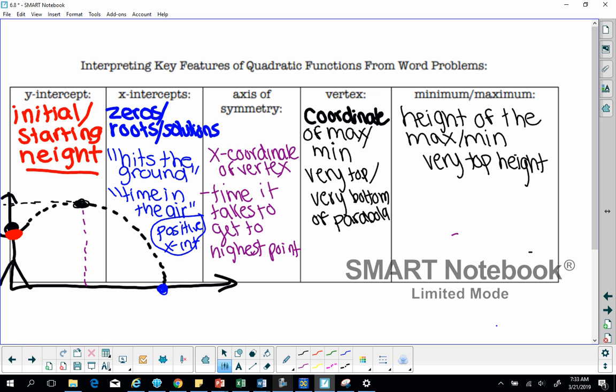So like the time, how many seconds it took to get to your highest height. If it's asking about the actual height, it's your y coordinate. If they're asking about the time, then it's your x coordinate.